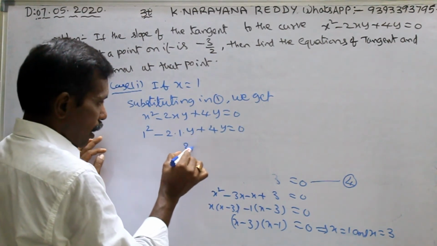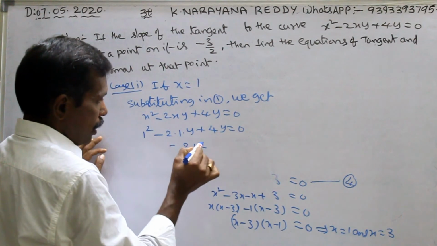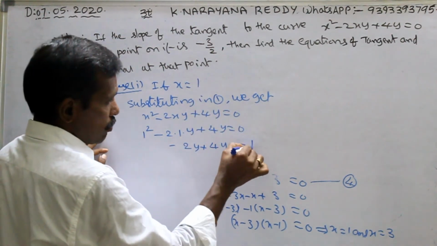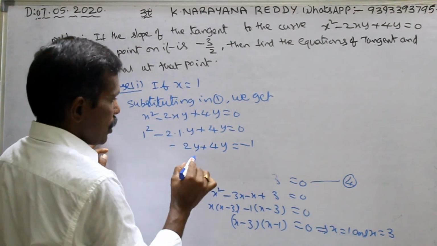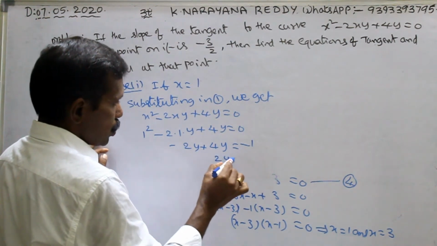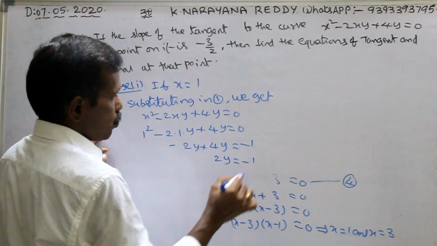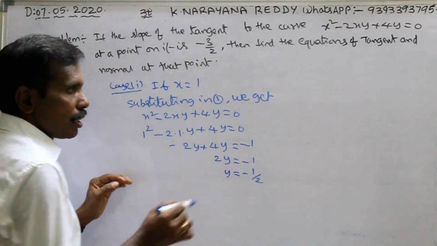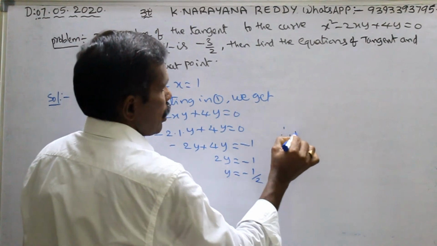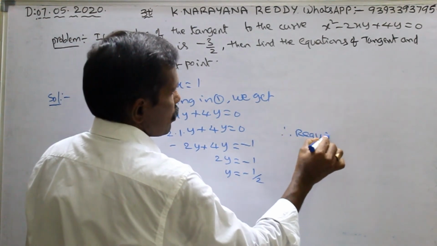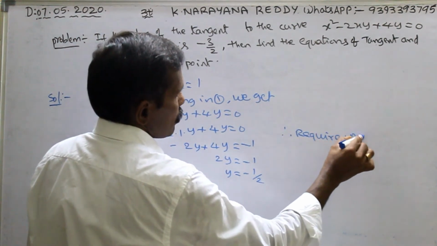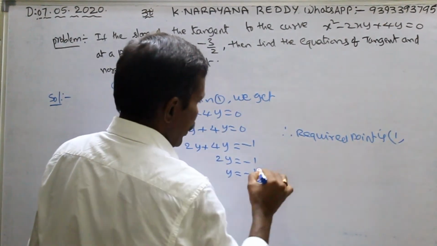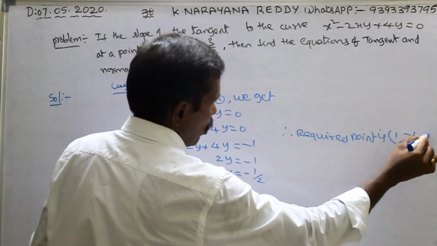Now minus 2y plus 4y equals, 1 goes to the right side, that is minus 1. That means plus 2y equals minus 1. y equals minus half. Therefore, the required point is x is 1, y is minus half.